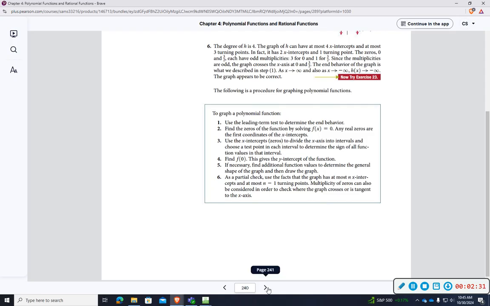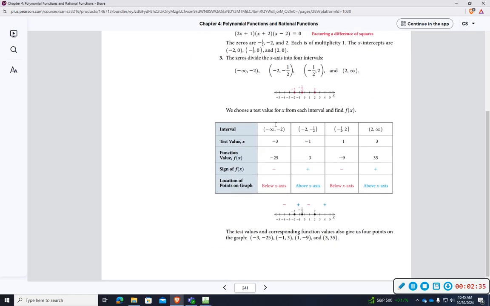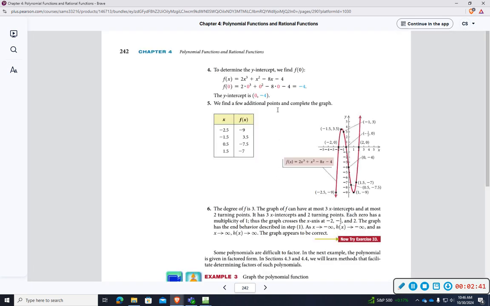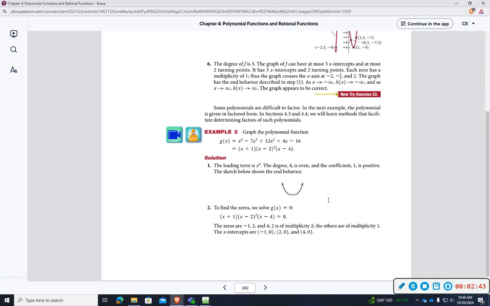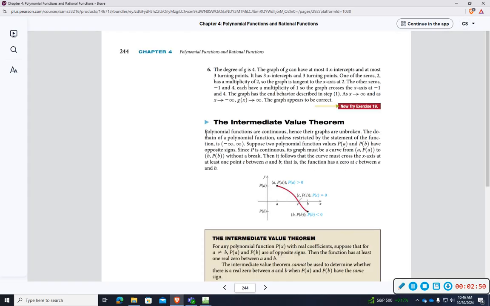Okay, so that's the process. Here again, some other examples and test intervals, which you'll kind of see as we get going. Another example. More examples.